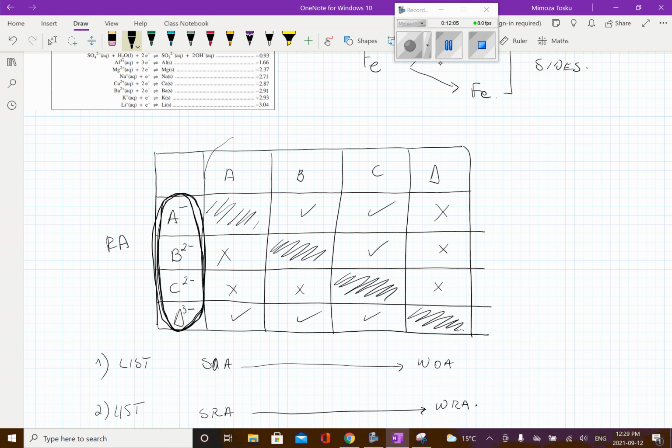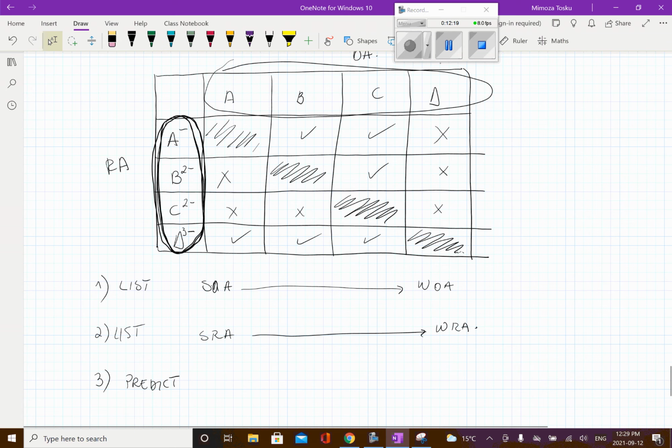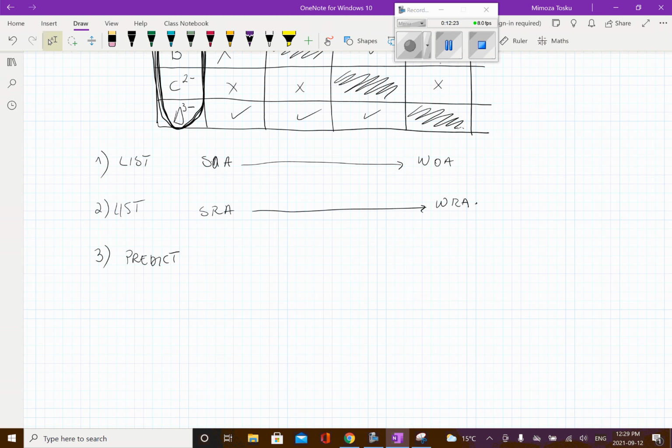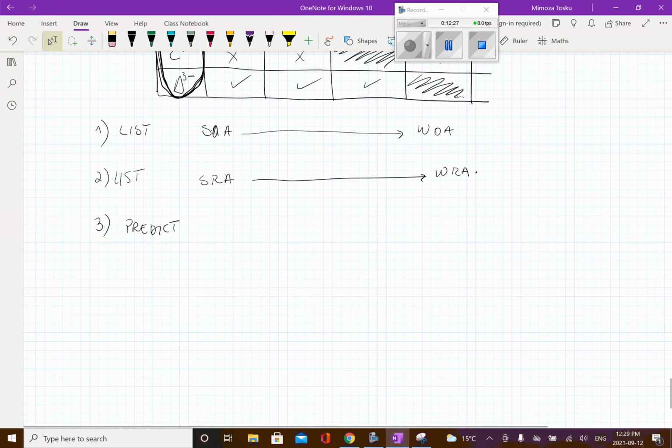So therefore, A, B, C, D will be oxidation agents. So when we are sorting, we will sort A, B, C, D as the oxidation agents.